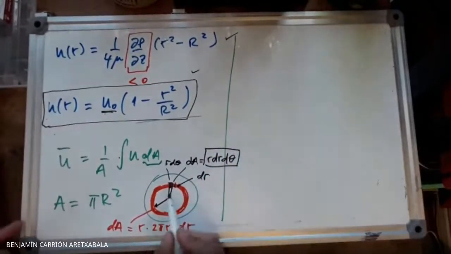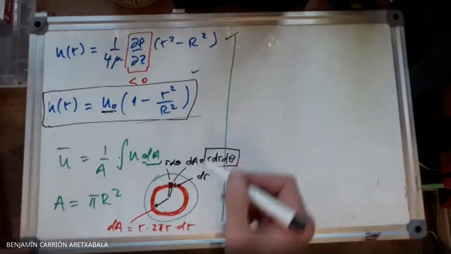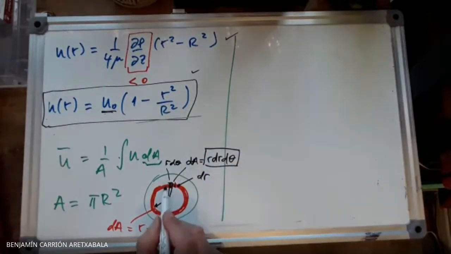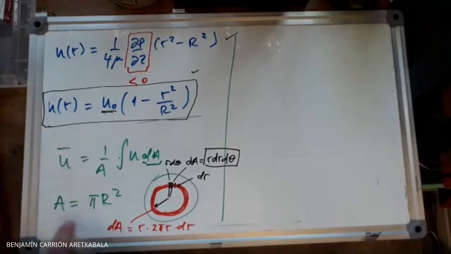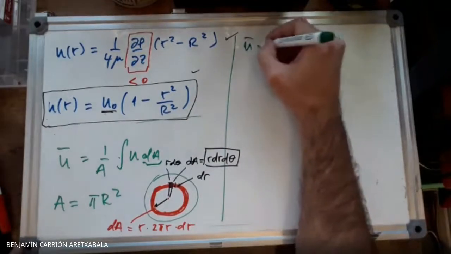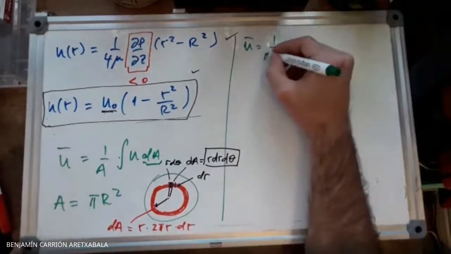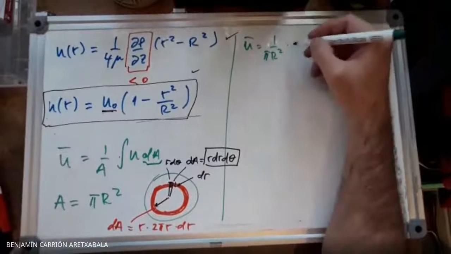Now, what I'm saying is you can also integrate it like that. So let me make this clear. I'm going to keep on using the green. So u average is 1 over pi R squared, and then we have the integration.